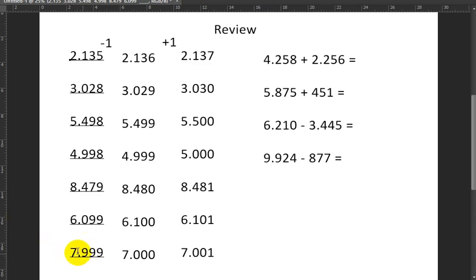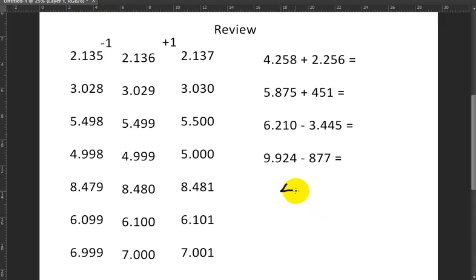Now, because I borrowed, I need to reduce the next number by 1. But now I can do that. 1 less than 7 will be 6. And so the previous number from 7,000 is 6,999. Next up, we have a few additions and subtractions. So let's get to them.